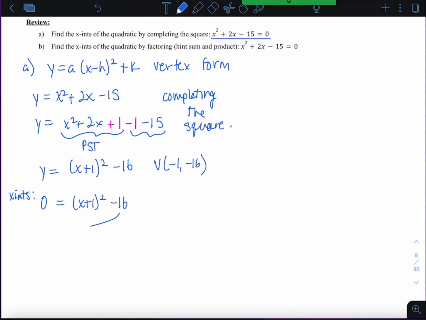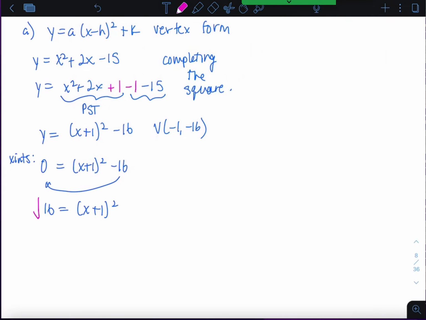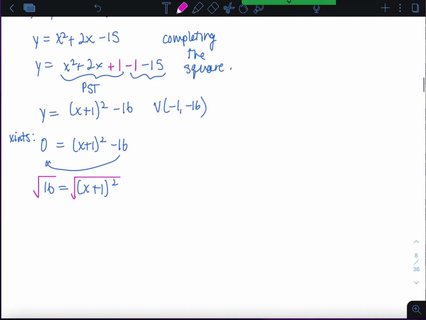The way we do that is we bring the 16 over. And then a very important step here is instead of expanding the right-hand side, which I might want to do because that's what we did a lot in grade 9, instead of expanding, I take the square root. On the whole number, or on the integer, I need to make sure that I add the plus or minus in front of that.